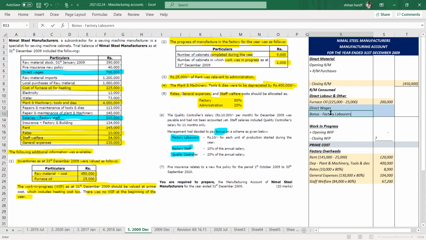So bonus for factory labors, 10,000 units into 10 rupees each, 100,000. Direct wages, 700,000.